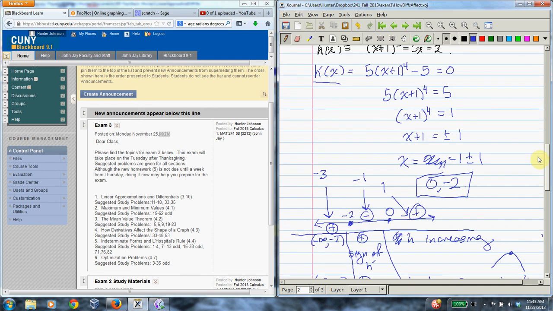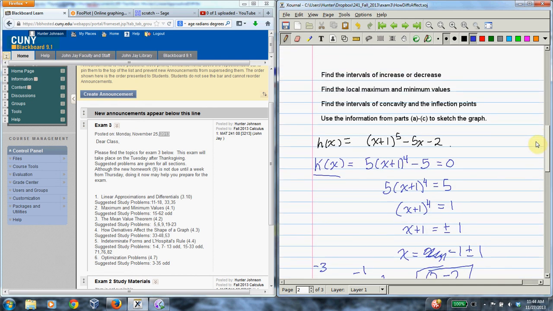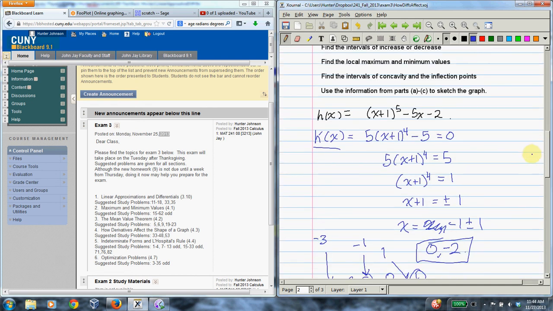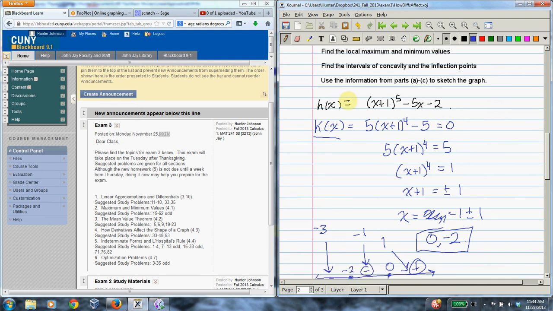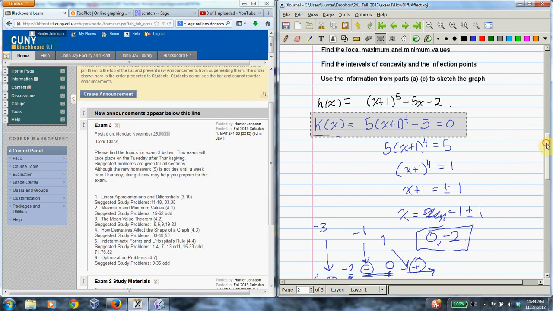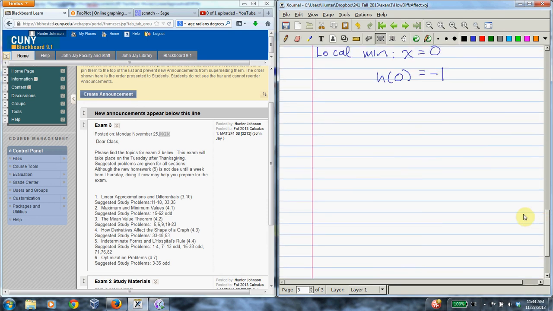And what else have we got? We're probably supposed to figure out things about the concavity. So to do the concavity, we need to know the second derivative. So let me copy this. I wish I could remember it, but my memory is but a leaky tub, as Blackmore said.